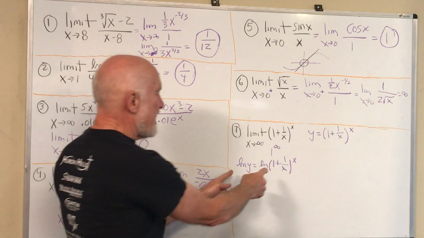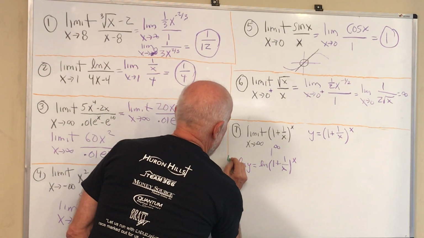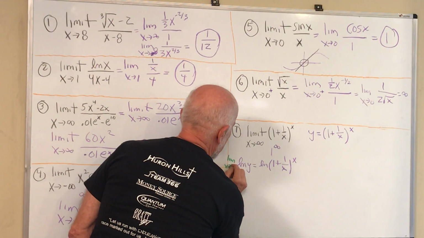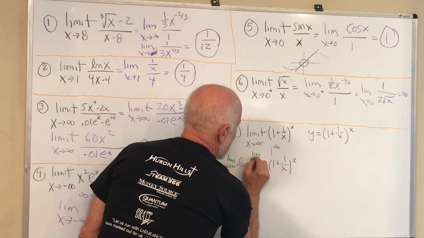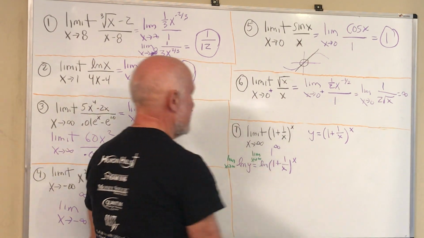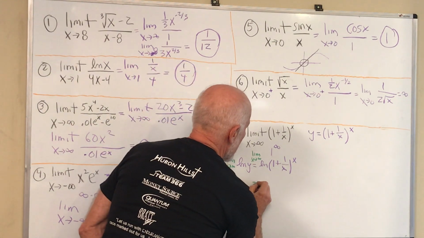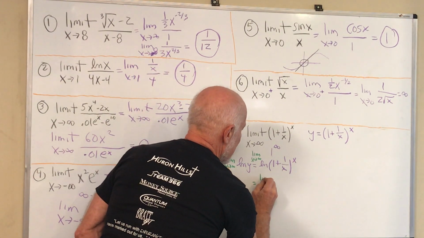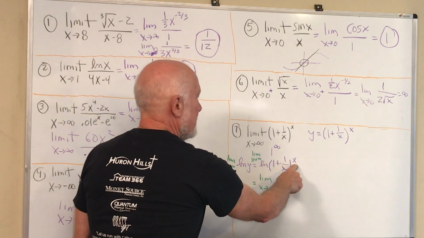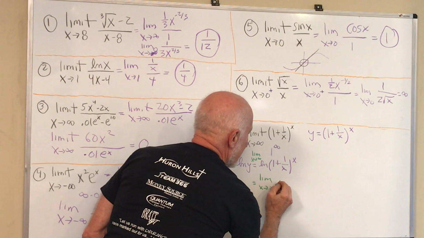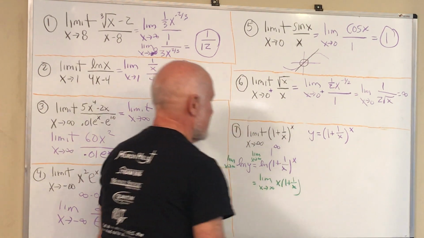So we're going to just work on this problem instead. So I'm going to take the limit as x approaches infinity of this side, and the limit as x approaches infinity of this side. Now, on this side, what can I do? I can take that x out front. That's an exponent, so I can make it x times 1 plus 1 over x.